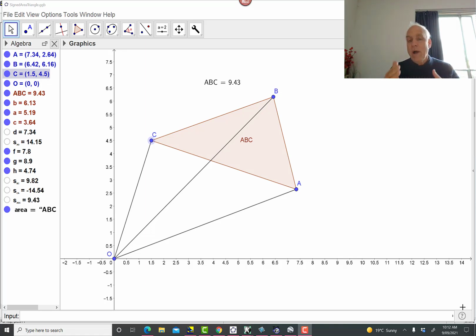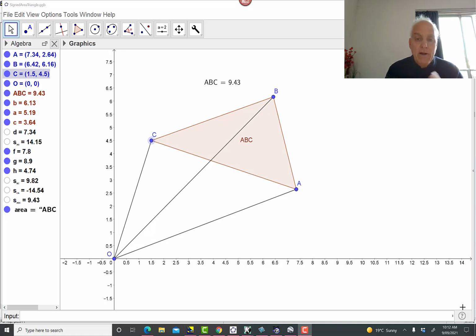That requires a prior Euclidean metrical structure to define lengths. In this approach it's a purely affine notion. We don't need any metrical structure. It's really just the underlying linear algebra and these vectors.